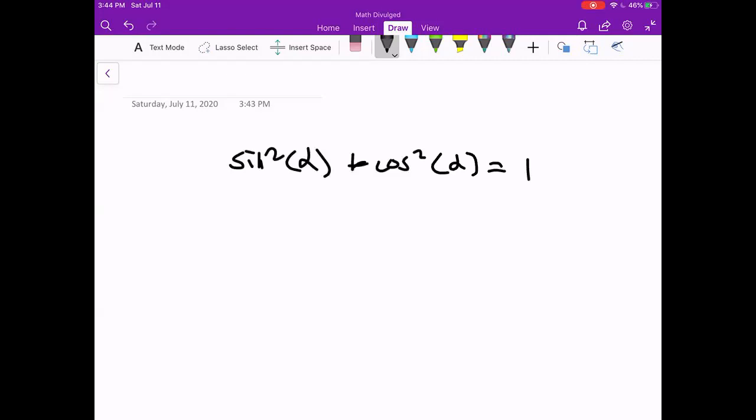And when I write sine squared of alpha, this basically just means sine of alpha squared. We put the squared by the sine, so we don't accidentally write sine of alpha squared, because that's a little ambiguous.